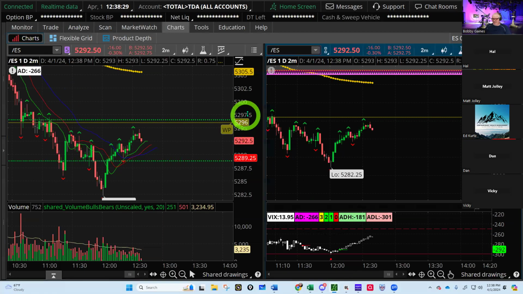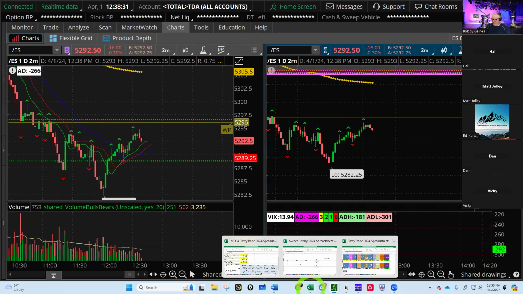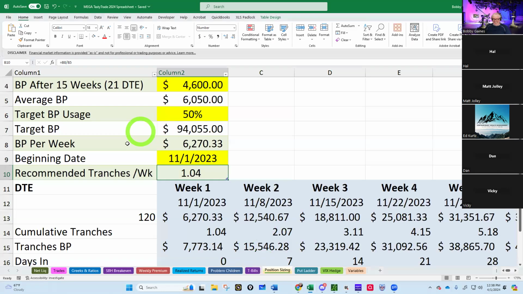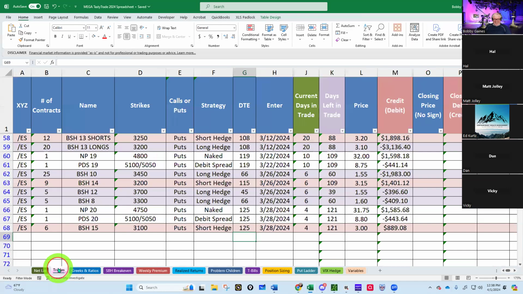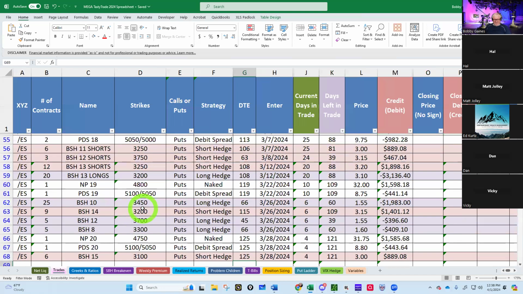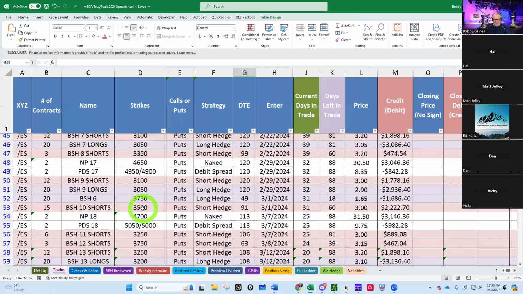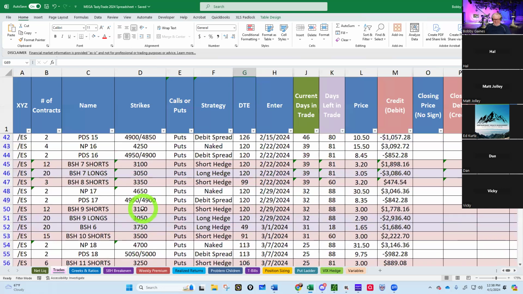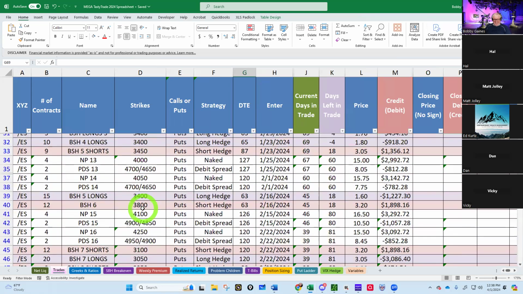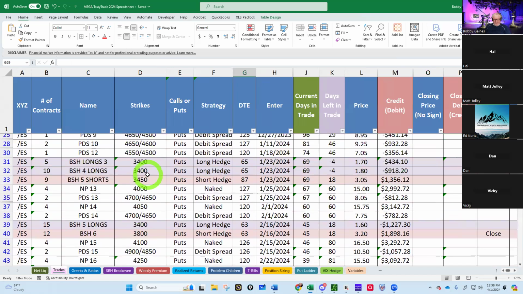All right. So then let's see what we did. 34.50s, we bought 9 of those. Let's see, mega trades, 34.50s. They just tell me I got them in here. 34.50s, 9 of them.